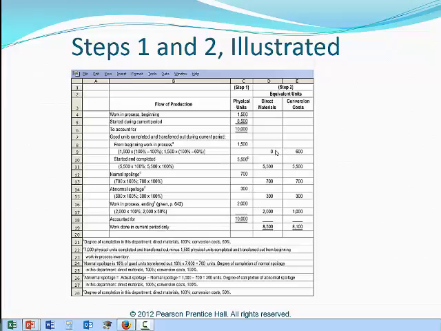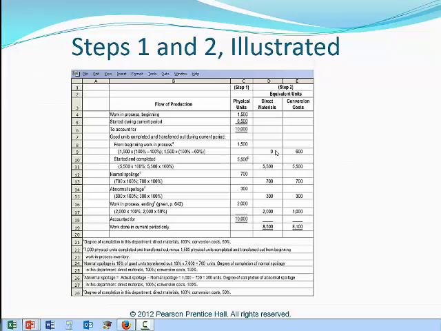In regards to conversion cost, however, they had told us that those units were only 60% converted. Therefore, we have got to complete them the rest of the way, and we're going to do that in this period.